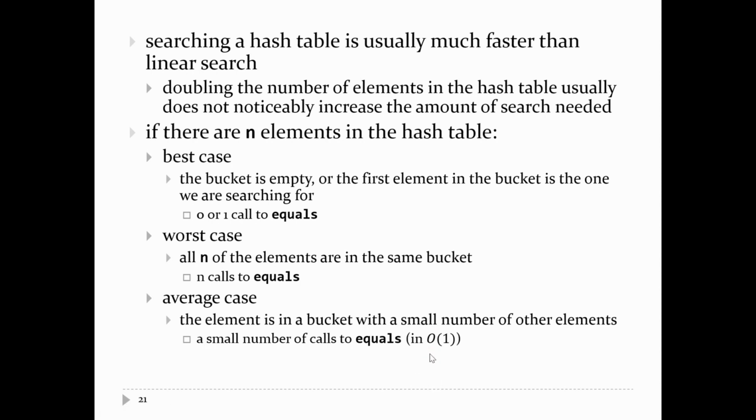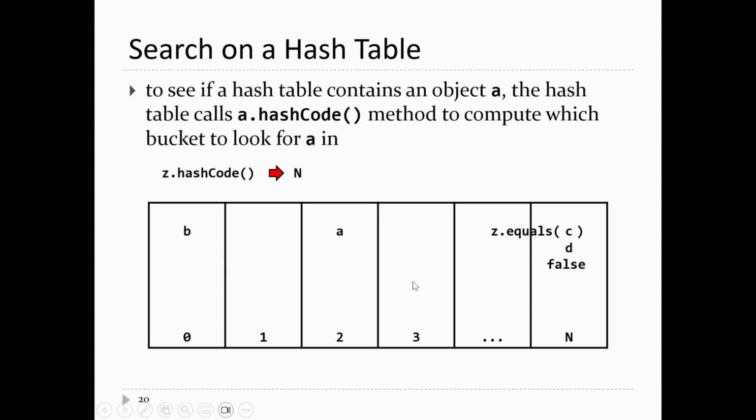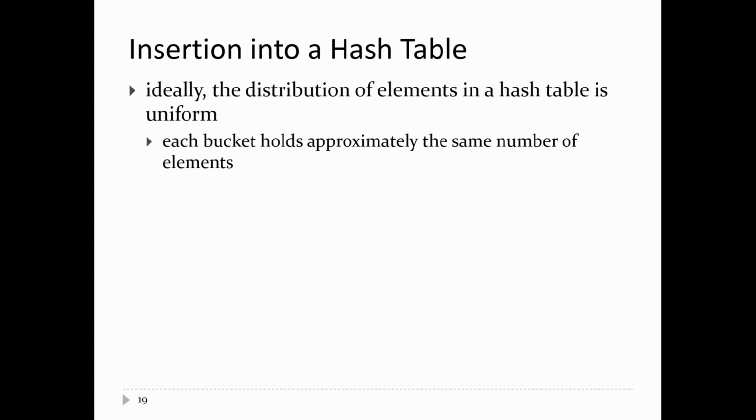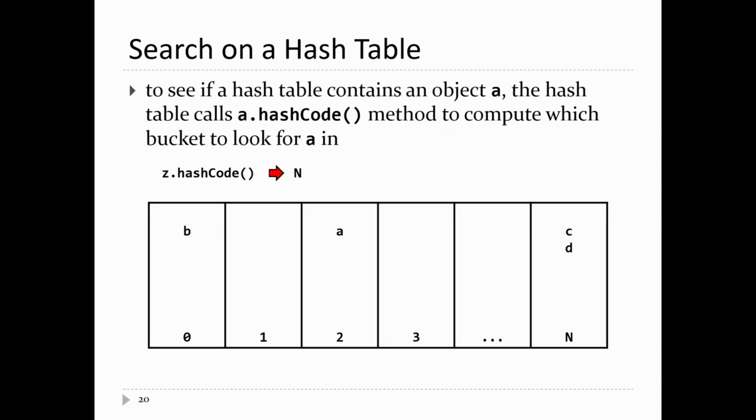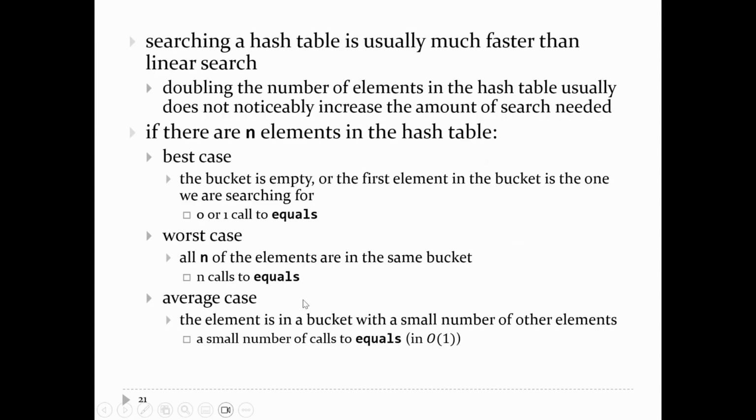On average, though, assuming that the distribution of elements in the hash table is uniform, you're going to find a bucket, and then you're only going to call equals on a small number of elements, the number of elements that are in the bucket.